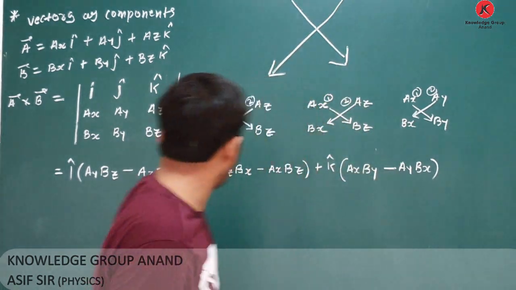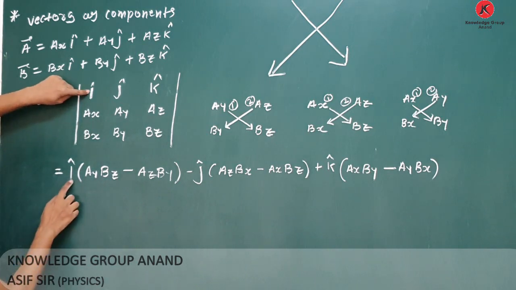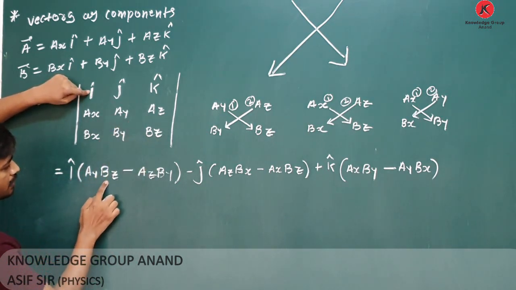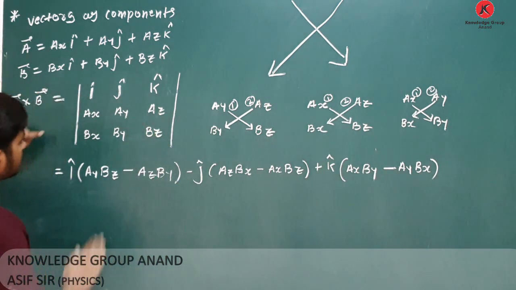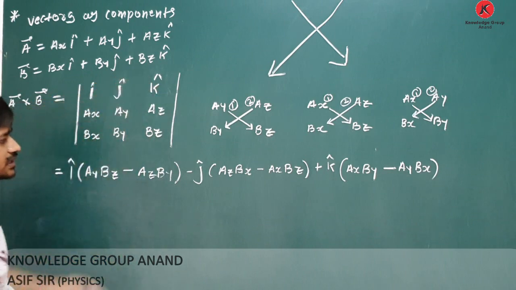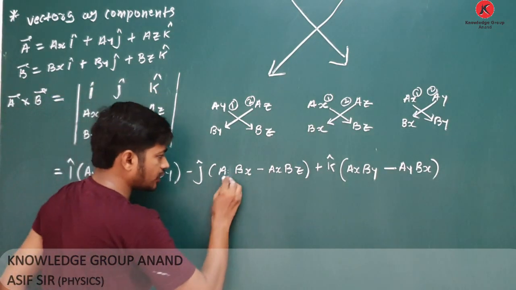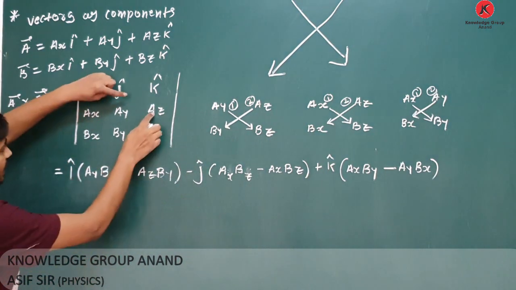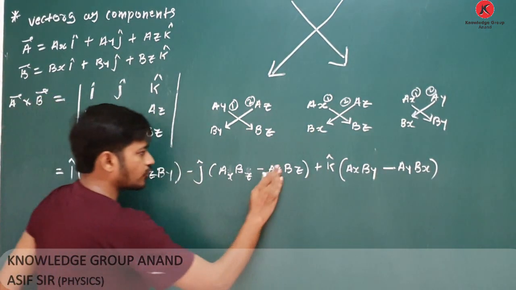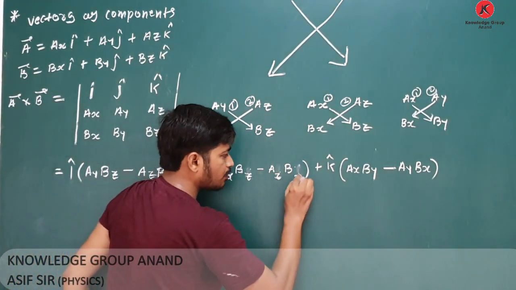Okay, yes, we will recheck this. See, I caret, yes it is I caret. Then AY BZ minus AZ BY. Clear about this? Then minus J caret. Minus J caret means AX BZ. So here you have to write AX, here it is BZ. There is always a minus sign. And second is AZ BX. So here it is AZ BX.